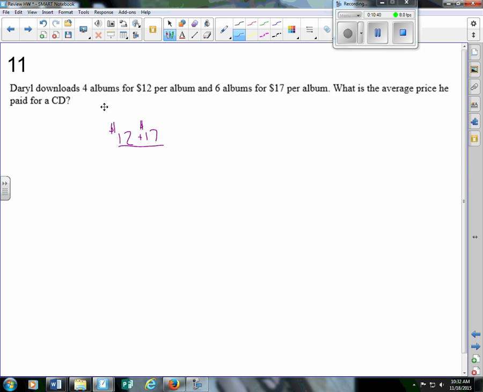Then we have 4 and 6, so we get 4 plus 6. So this comes out to be 29 over 10. And they want to know how much per album. Well, you would have to divide by 10 because we're trying to get it to 1, and you get $2.90. It doesn't seem correct to me, so I'm going to go back and look at this one.